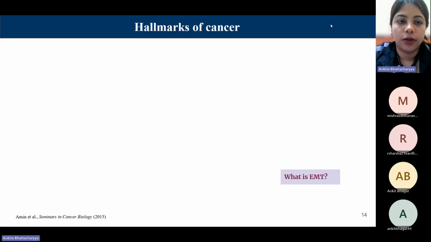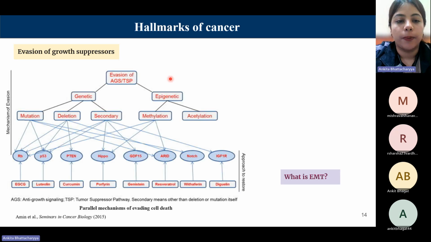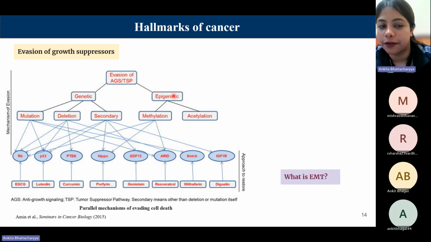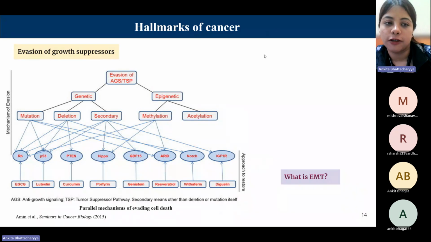But moving on, we'll look at the second hallmark of cancer, which is the evasion of growth suppressors. What you see here is a schematic representation. Conceptually, let us understand something. Within the cell, like I just said, there is a control maintained by negative feedback mechanisms. Feedback mechanisms are one group responsible for this purpose.